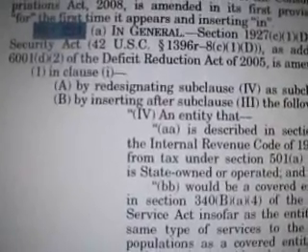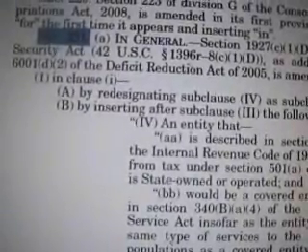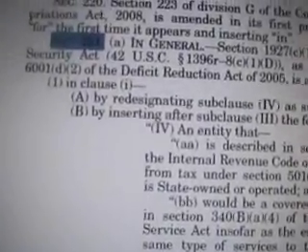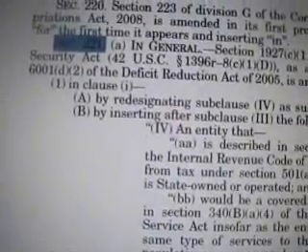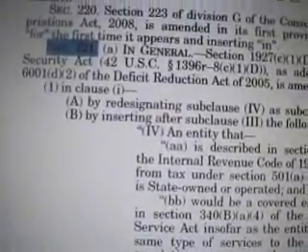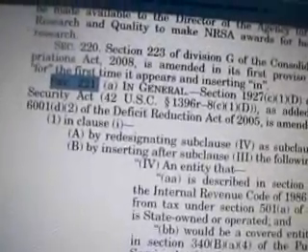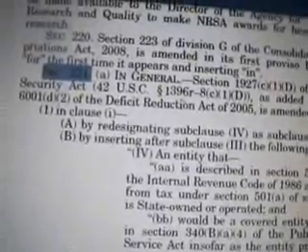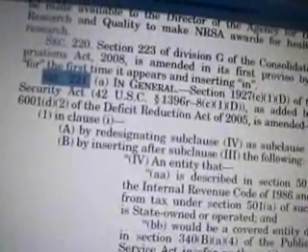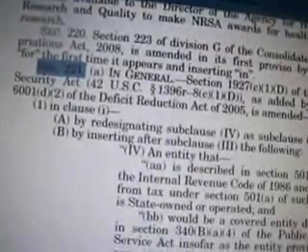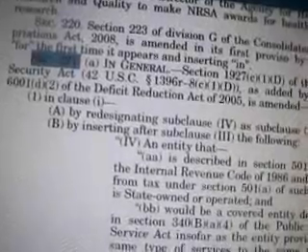So you have to go find the Deficit Reduction Act of 2005, and then you have to find Section 6001(d)(2) of that act. And all this is being amended, one in Clause I, by redesignating Subclause 4 as Subclause 6, and by inserting after Subclause 3 the following.